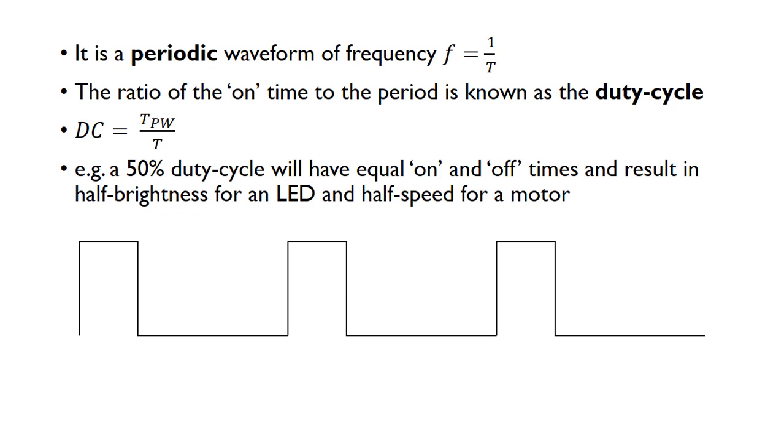The output of a PWM waveform is essentially a periodic waveform. The frequency is just given by 1 over this period. The ratio of the on time to the period is known as the duty cycle. So this will be the width of the pulse, and this will be the entire period.